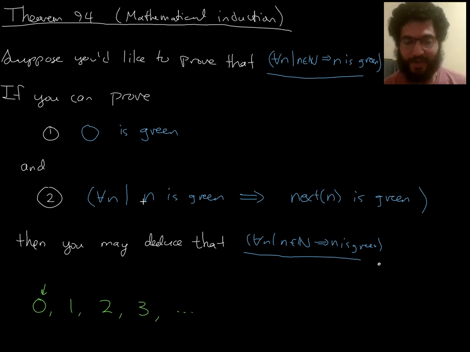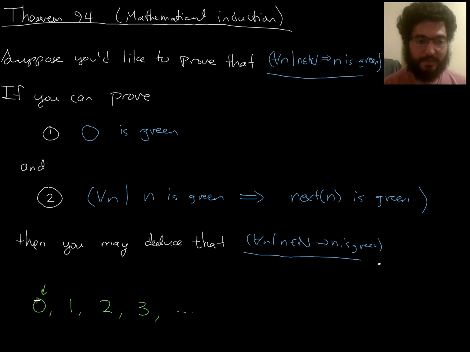That's the power of having a variable here. In one go, you've proven an infinite collection of statements, like if 0 is green, then 1 is green, and if 1 is green, then 2 is green, and if 2 is green, then 3 is green, and so on. If you manage to prove this with a variable n here, if you manage to prove this for all n, then you've proven that infinite collection of statements.